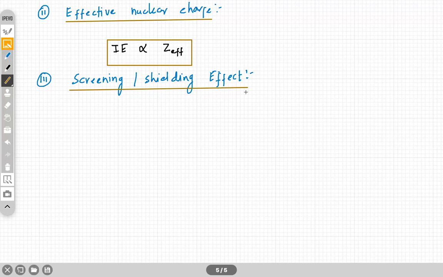And electrons means we are talking about outermost electrons here, right? Because we are talking about ionization enthalpy. It decreases the force of attraction between the outermost electrons and the nucleus.